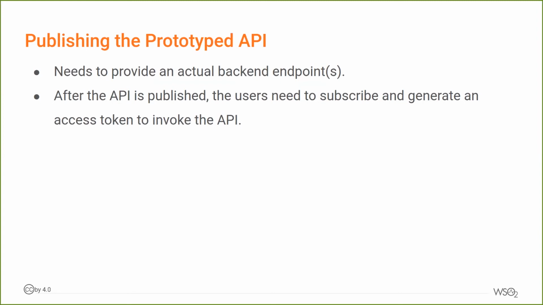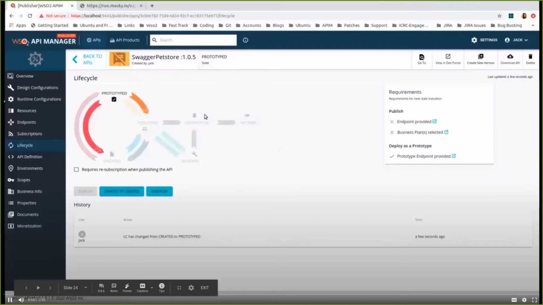Okay, let's see how to publish that prototyped API we just created. So I'm back in the publisher. This is my Swagger Pet Store API, which is in the prototype state.